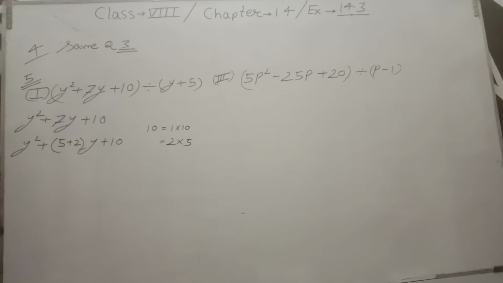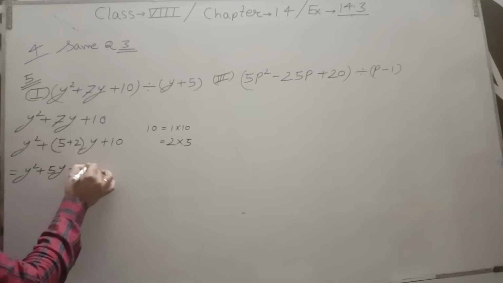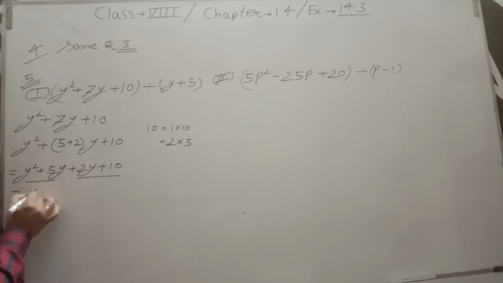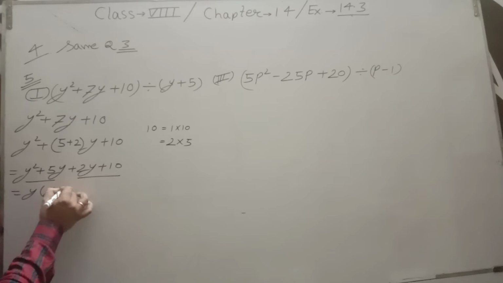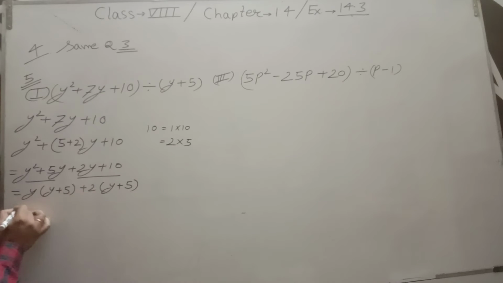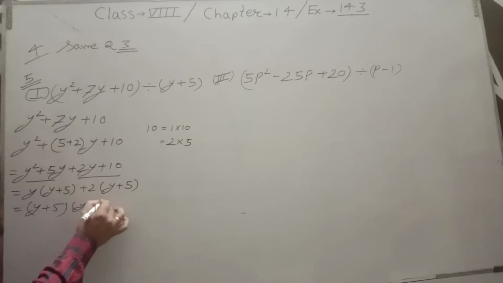This means in this method we split the middle term so that their addition is the middle coefficient and their product is the last number. Now open the bracket: y square plus 5y plus 2y plus 10. In the first two terms we can take y as common, y plus 5, and 2 as common, y plus 5, and now we can take (y plus 5) as common. So (y plus 5) into (y plus 2) are its factors.